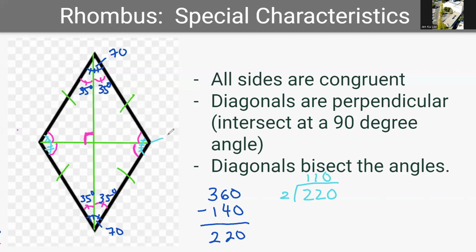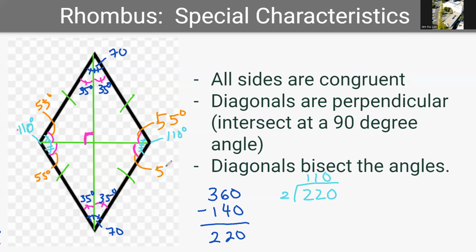So that whole angle here is 110 degrees. This whole angle here is 110 degrees. Right? Everybody follow the logic? Yeah. And if they're both 110 degrees, half of 110 will be 55. So this angle is 55 degrees. This angle is 55 degrees. This angle is 55.